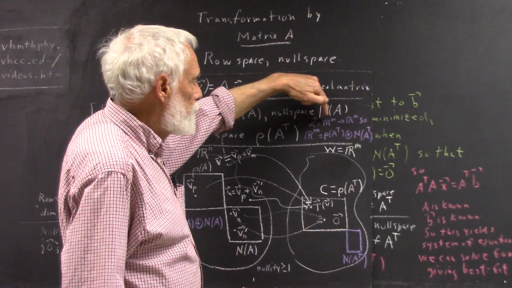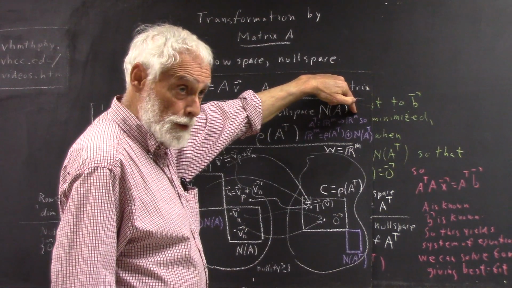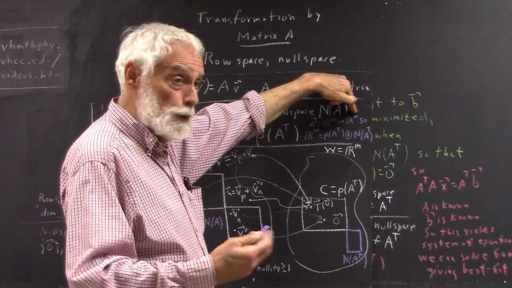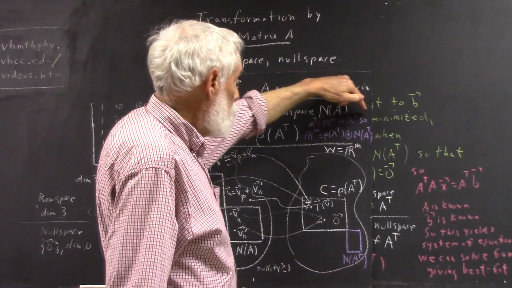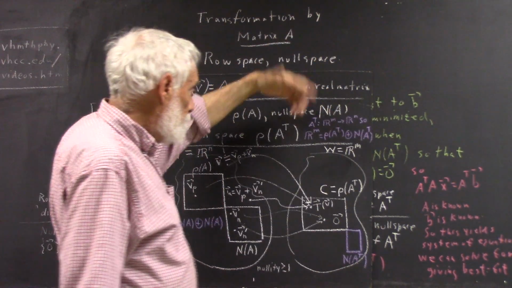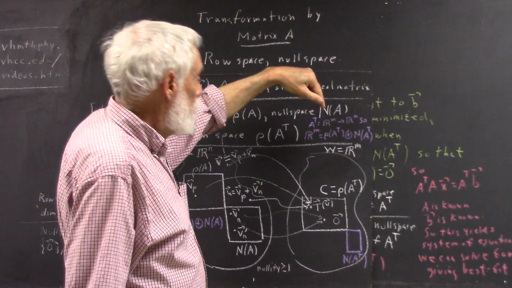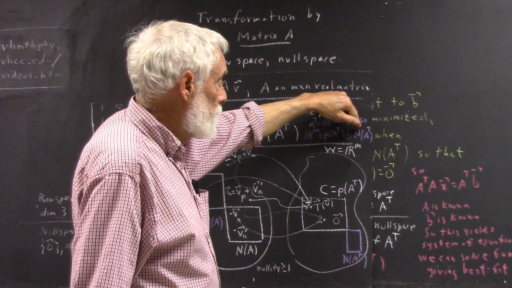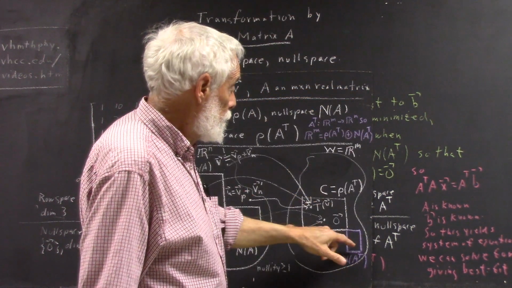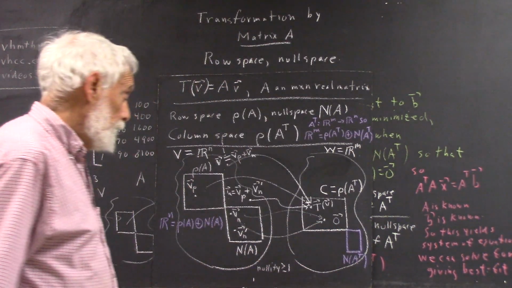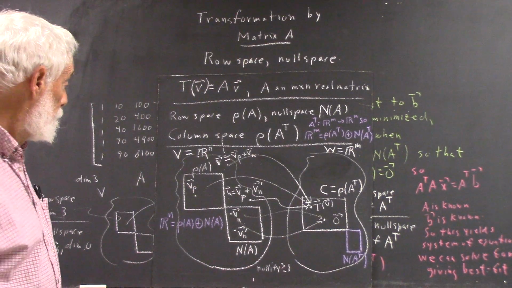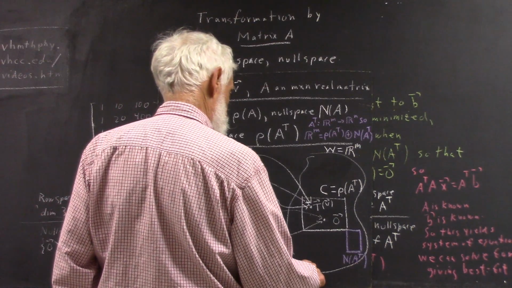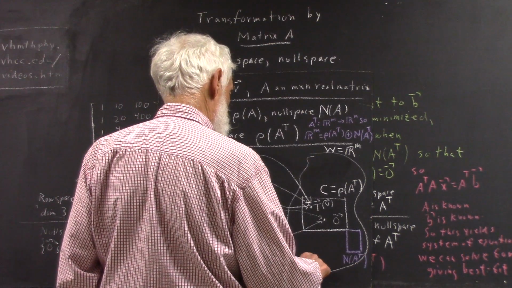A transpose is a mapping from Rm to Rn, and from what any matrix does to the space when you define the transformation, Rm is a direct sum of the row space of A transpose and the null space of A transpose. So, a very important addition to the picture, and I'll write that relationship.